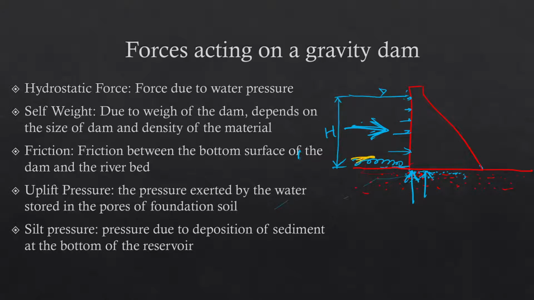So here with time some deposition will take place because all the sediments that are carried by the river will be deposited near the dam because it has very low velocity at that point, and this silt or sediment may exert some additional pressure at the bottom of the dam. So that is the force because of silt pressure.